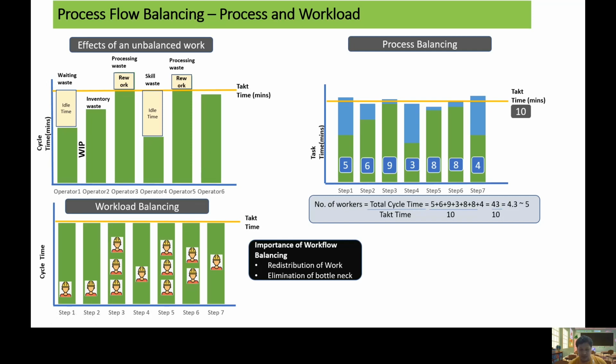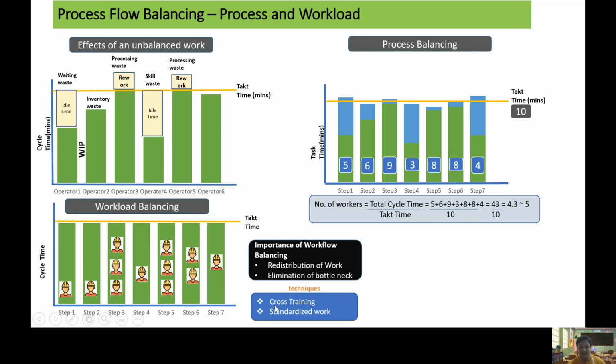But one very important point to succeed in workload balancing is mastering these two techniques in operator deployment. One is cross training. Cross training means every operator has the skill of every process, so that you can judiciously use them in different steps.